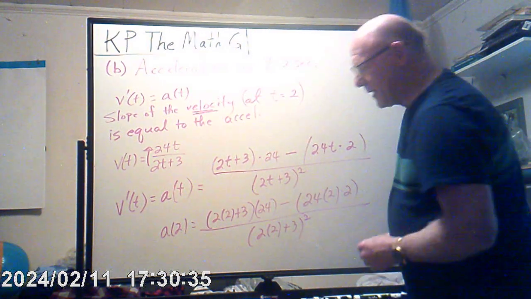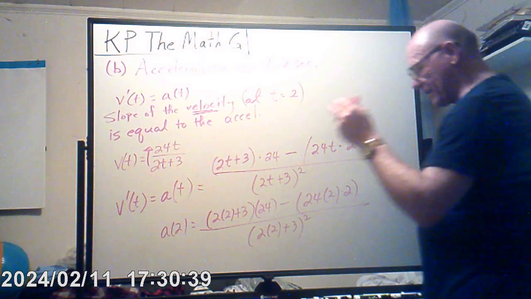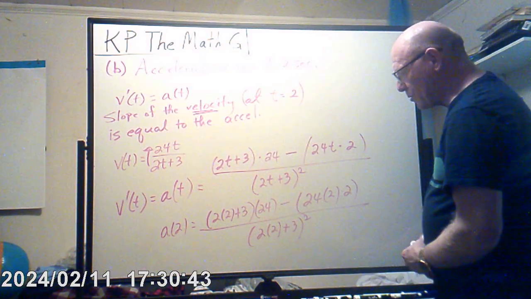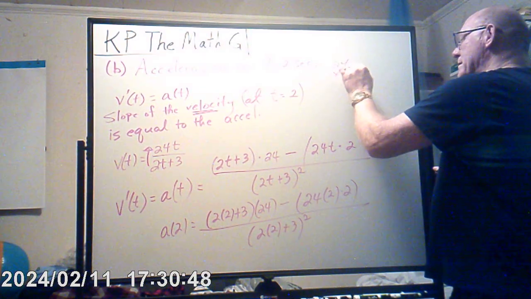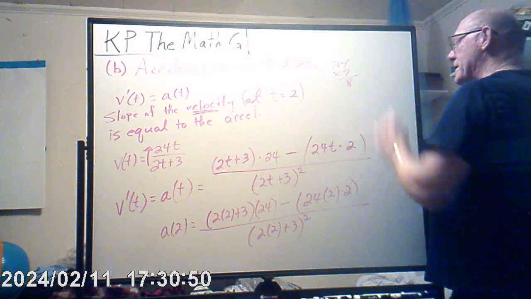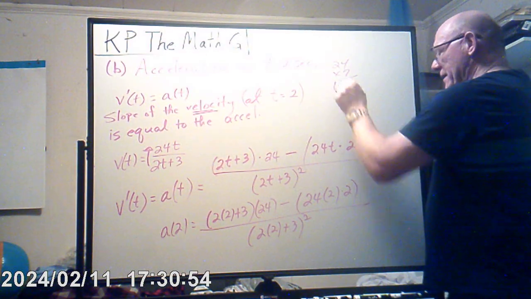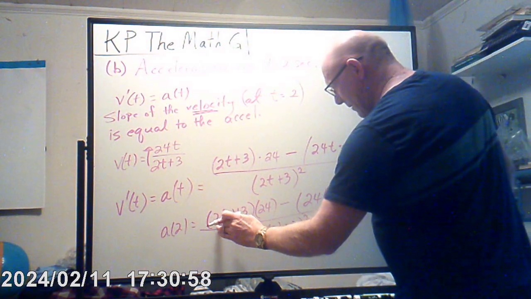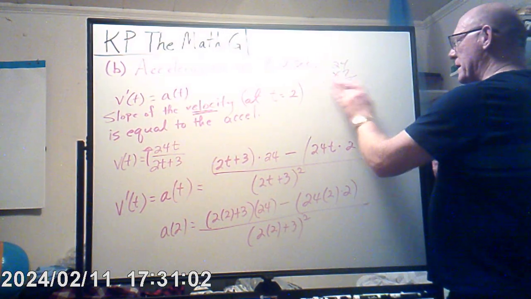Don't forget the squared. We know this is 7, so 7 times 24. 7 4s is 28, 7 2s is 14, 15, 16, 168. So this top one here is 168.